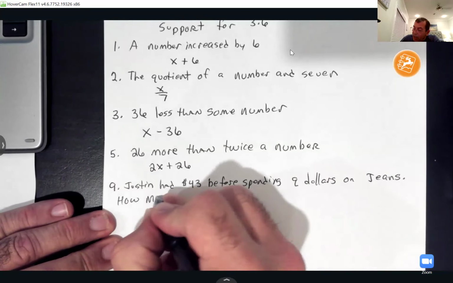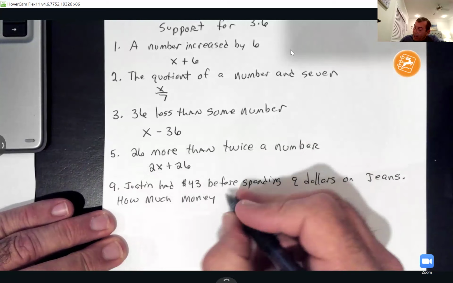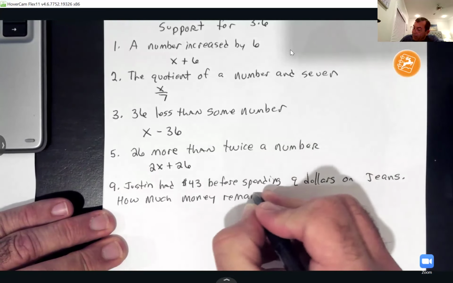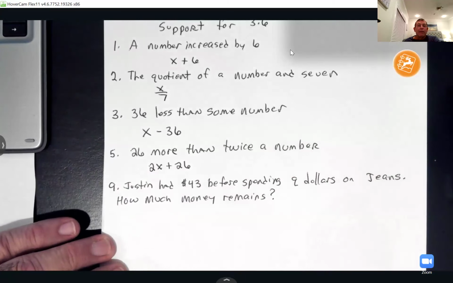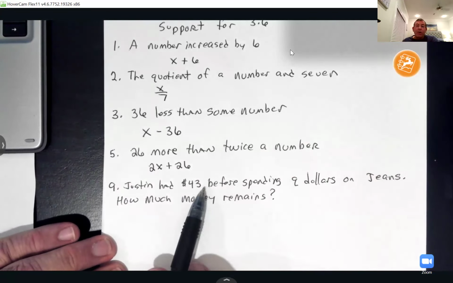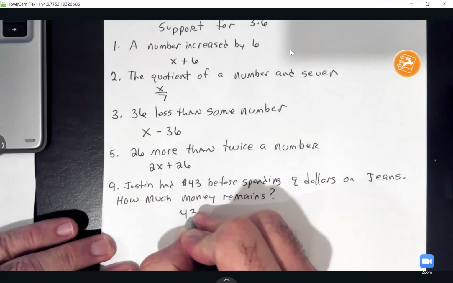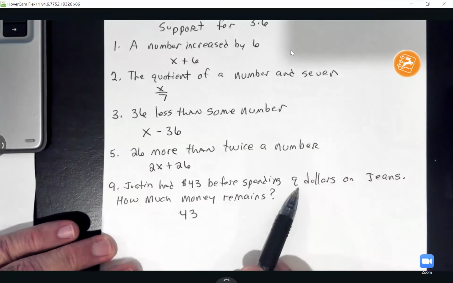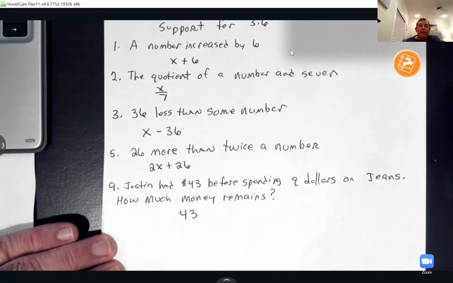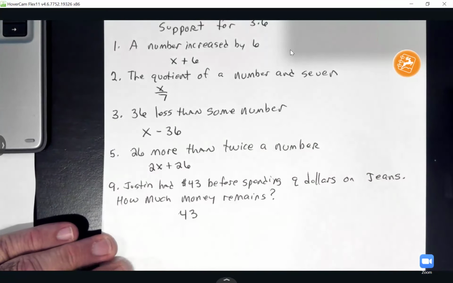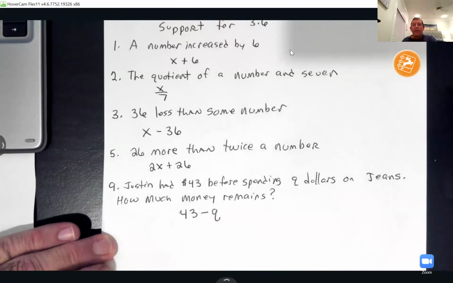How much money remains? Well, we know what he started with. He started with 43. Now, apparently they're using Q on this, but if you spend Q dollars, what are you doing? Subtracting. So that'd be 43 minus Q.